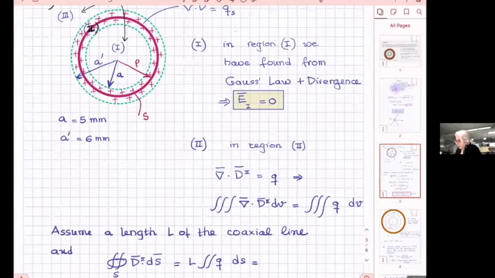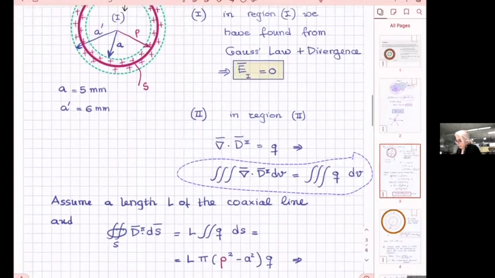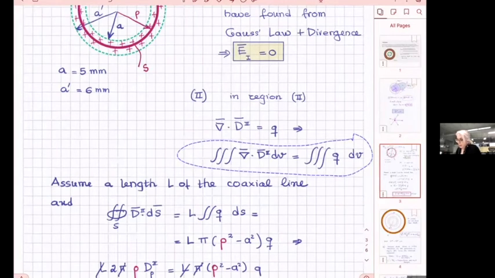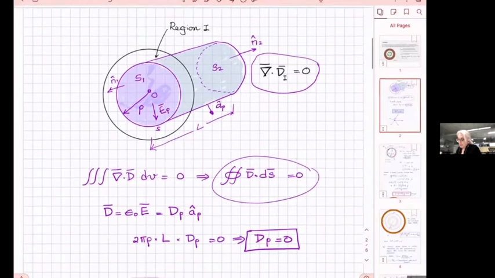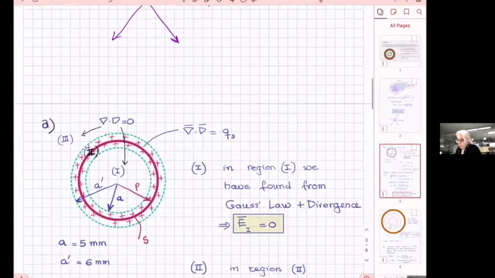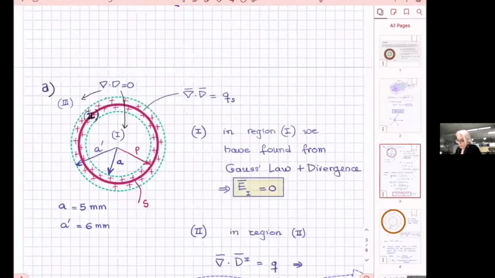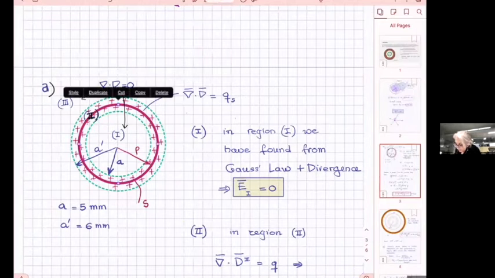And then I take the divergence theorem. So first of all, I integrate over a volume. And this volume is exactly how I did this here, all right? But now it has this cross-section, the one that is defined by this red circle, this one.